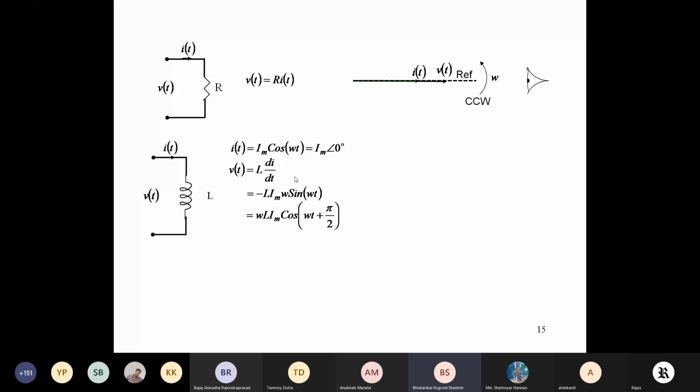Here I have written VT, that is the driving voltage, as L di dt, the voltage across the inductor. That minus or plus will appear because it opposes, but magnitude-wise it is L di dt. Are we considering only magnitudes? Yes, but it can change the phase difference.